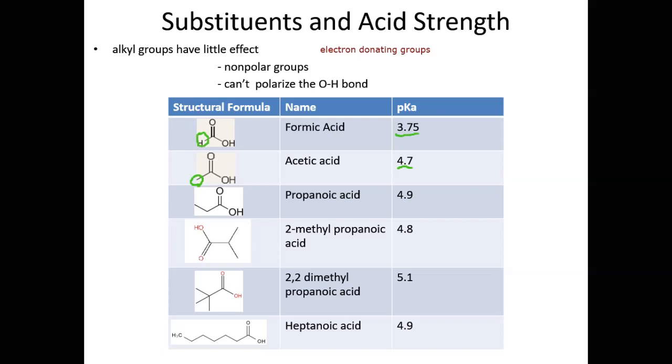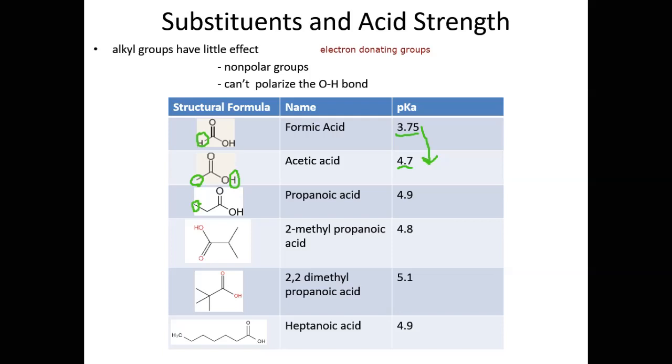So what happens is when the pKa goes up, it's harder for this hydrogen to leave. This oxygen is holding on tighter to that hydrogen, making it harder to remove. When we add another carbon alkyl group to it, now we have propanoic acid, we get 4.9. Not much change. When we add two groups, we get 4.8.